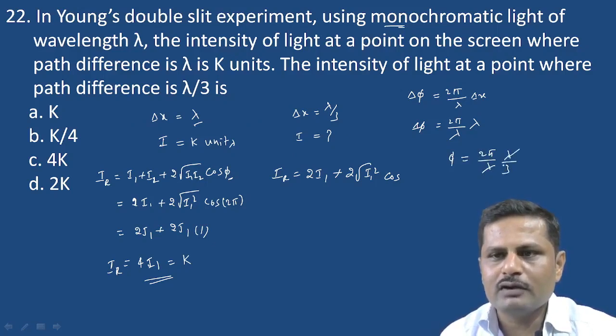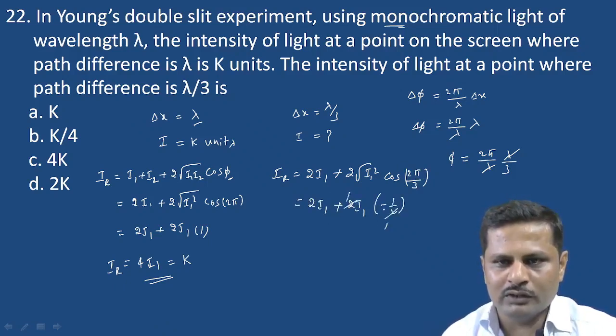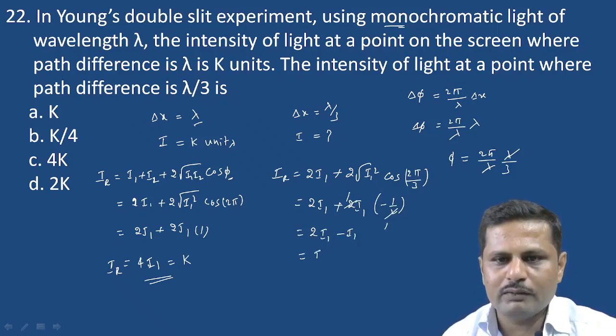Lambda gets cancelled, and we get 2 pi by 3, which is nothing but 120 degrees. So we can write 2I1 plus 2I1, and cos 120 is minus 1 by 2. So 2I1 minus I1 is equal to I1 only.